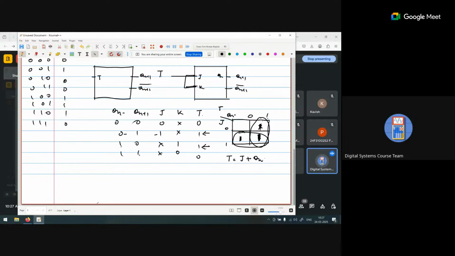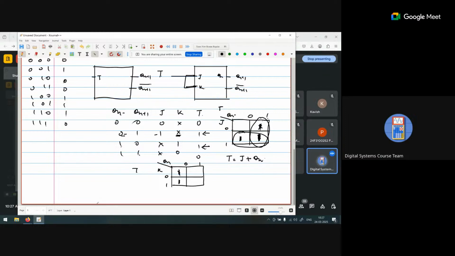Okay. Similarly, we draw a K map for K also. T, K, Qn, 0 1 0 1. Okay. Now T is 1 when K is cross and Qn is 0. So Qn is 0 for this. So 1 1.